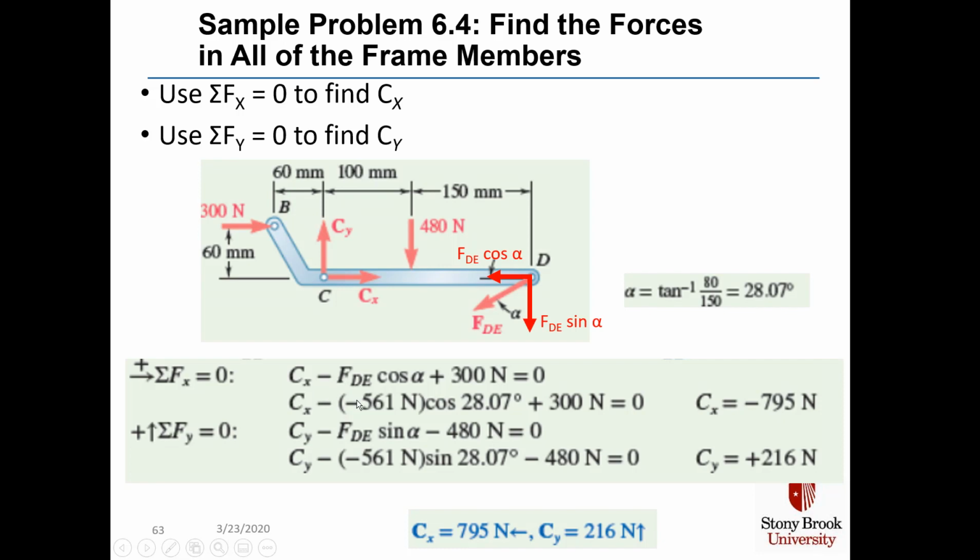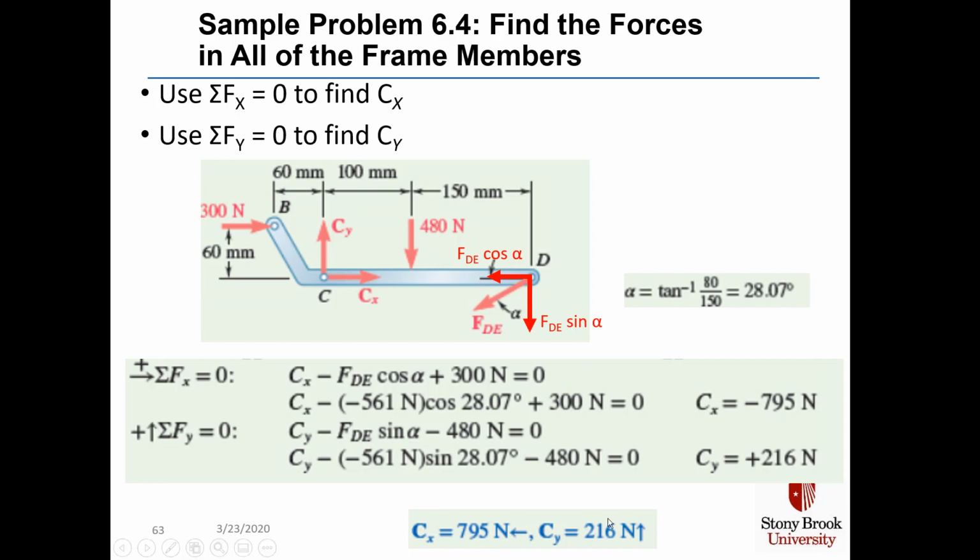But then we put in a minus 561 newtons for the second negative sign. You'll actually be adding the magnitude of F sub DE times cosine alpha in this equation. And we also have to add the 300 Newton force, which is clearly going to the right, equal to 0. And when we do that, we find that C sub x is actually minus 795 newtons, which means it was really going to the left after all, too.